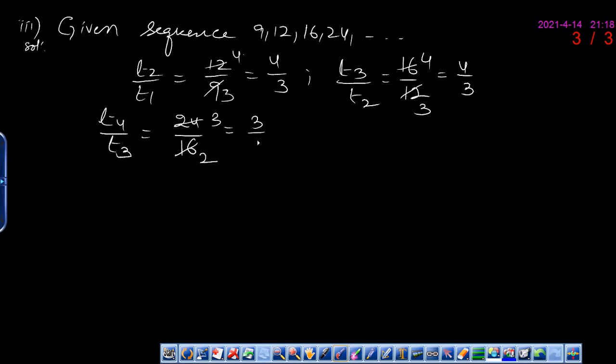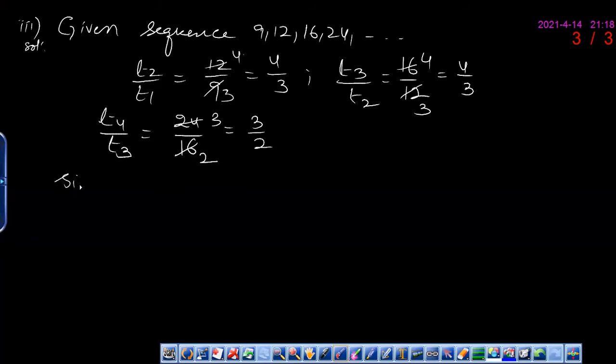You are getting 3 upon 2. So the ratio between the two consecutive terms is not the same. So as Snigdha said, the given sequence is not in a GP.